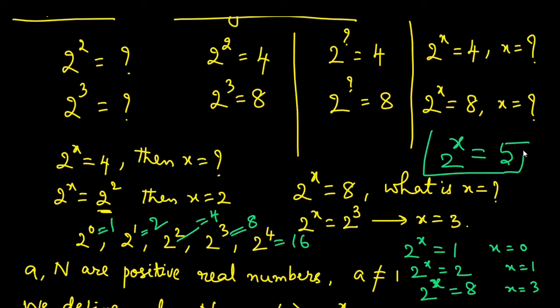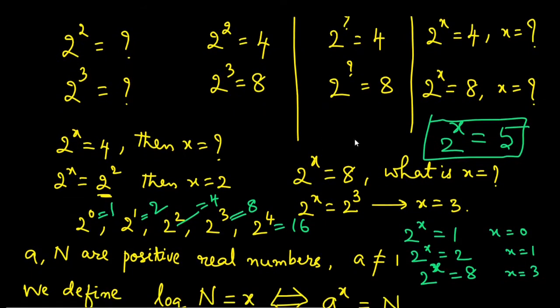To what value should 2 be raised to get 5? So what is the value of x here? 2 power x is equal to 5. Then what is x?